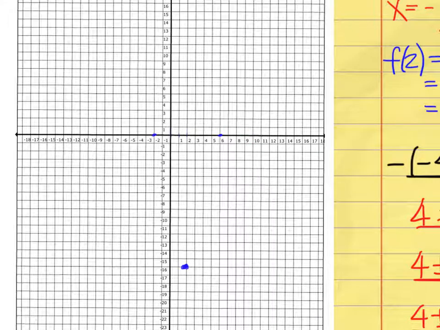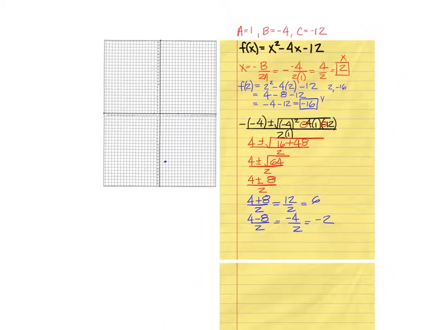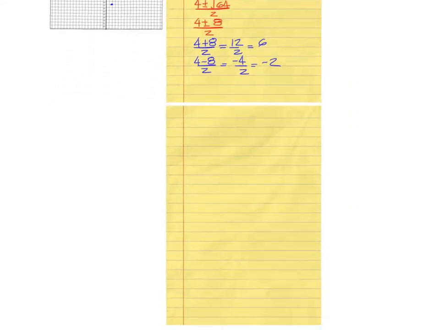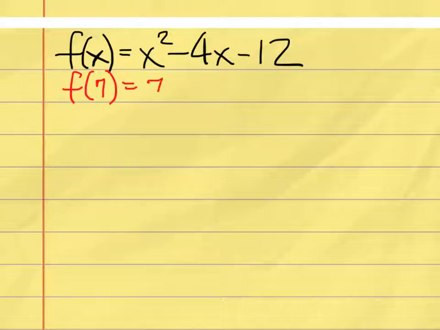We'll try 7 first. So we'll go down here and use 7, and the function is x squared minus 4x minus 12. We're plugging in 7 to see what it gives us back. So 7 squared minus 4 times 7, and then minus 12.